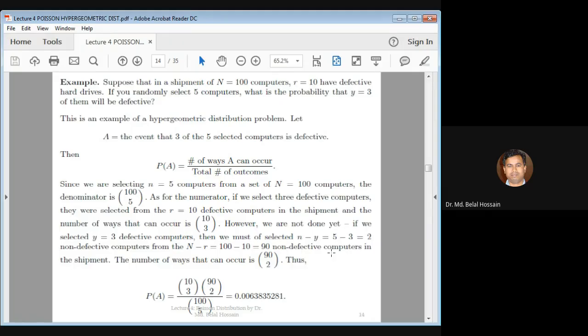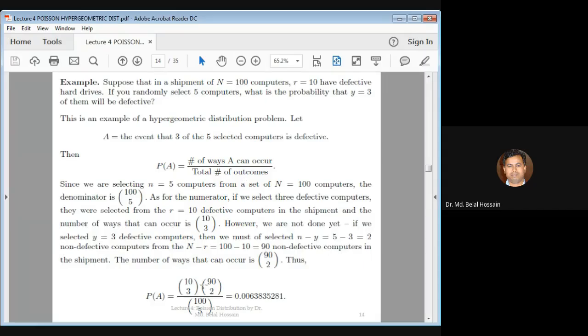Okay, so in that problem everything is given, so you can put those values in the formula so that you can easily find the probability. What is the probability that y equals 3 of them are defective? Okay, so put those values.